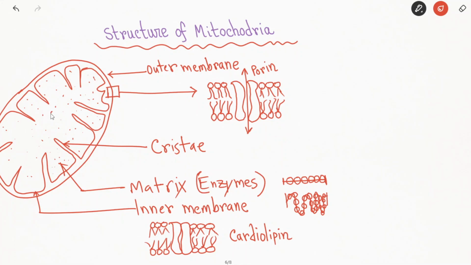They are like bacterial DNA, circular DNA, and their numbers can be 2 to 10 per mitochondria. They are called mitochondrial DNA or simply mito-DNA.